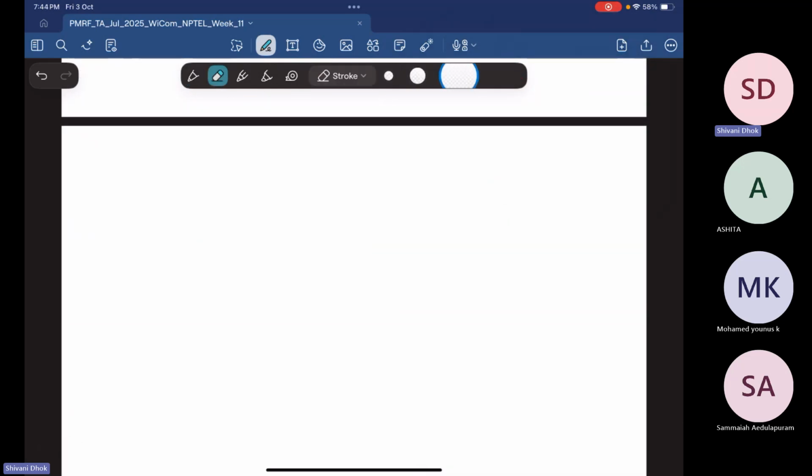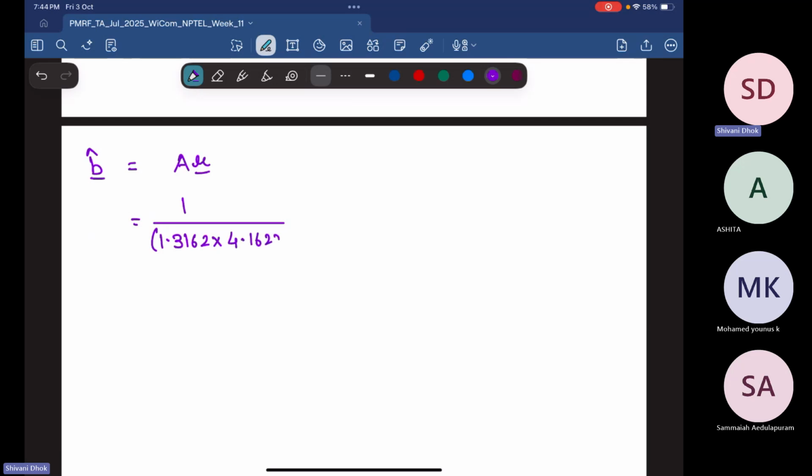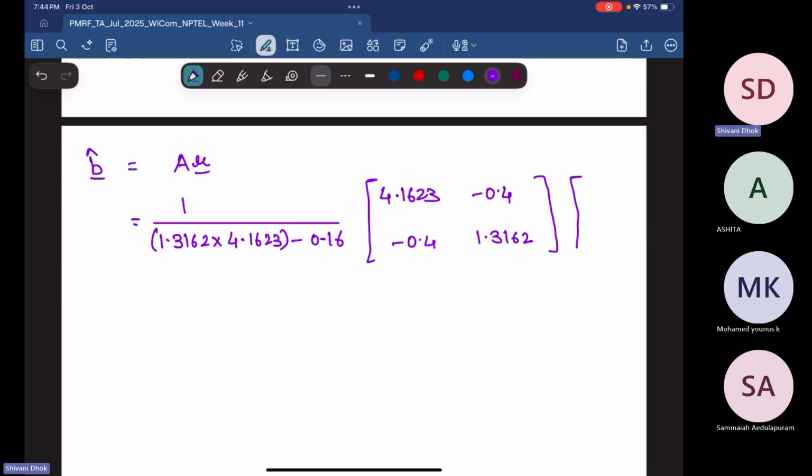So you have B hat as A into R. This comes out to be 1 divided by (1.3162 into 4.1623 minus 0.16) into the matrix 4.1623, minus 0.4, minus 0.4 and 1.3162, multiplied by your R, which is minus 0.45 and minus 0.03.